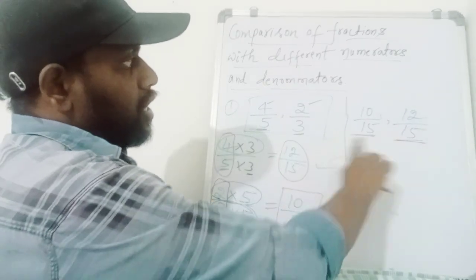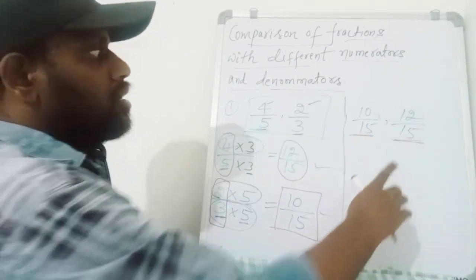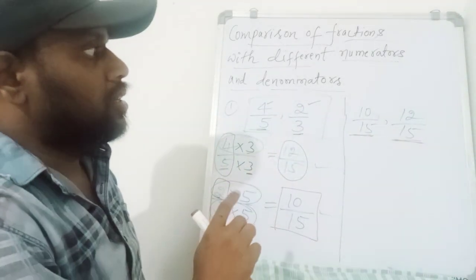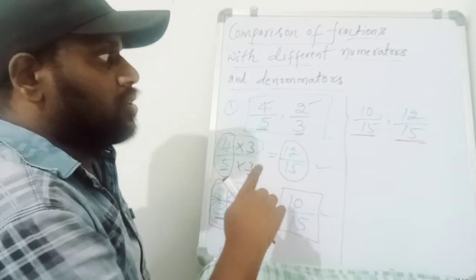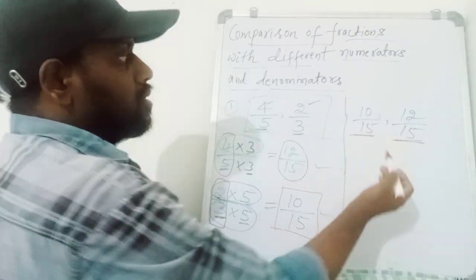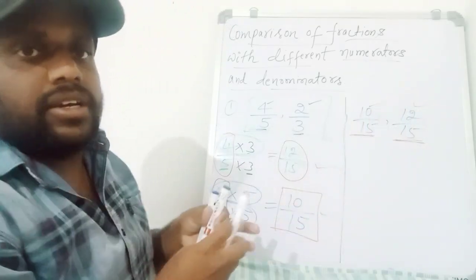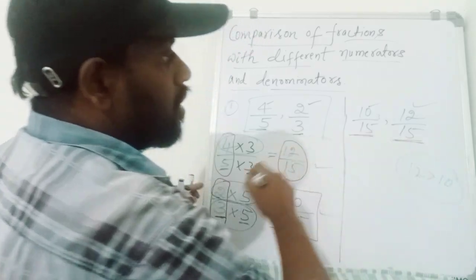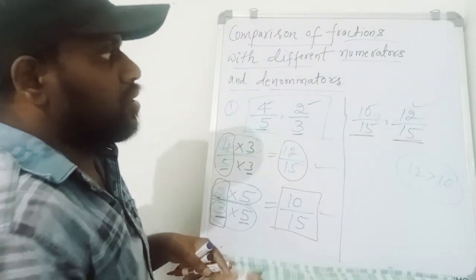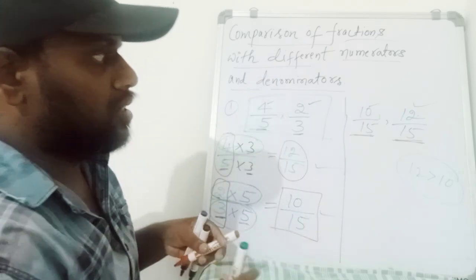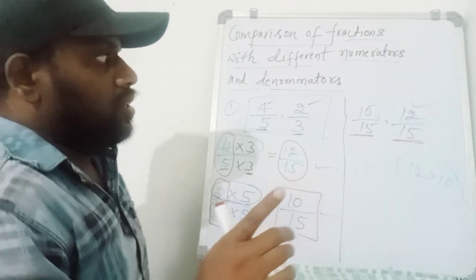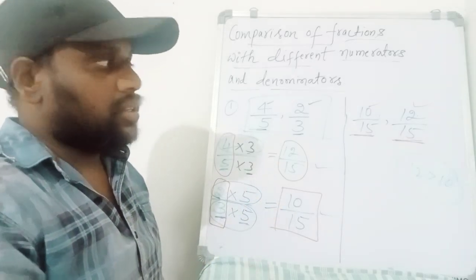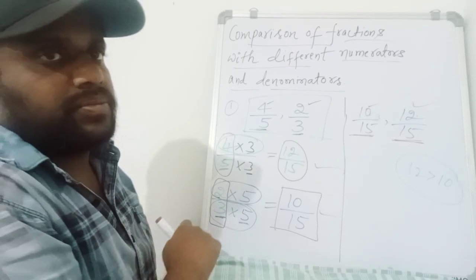Now I will just simply tell you what to do here because I've already explained. When denominators are same, compare the numerators. Here 10 is there, here 12 is there. Which is bigger? This 12. 12 is greater than 10. Whichever numerator is bigger, the corresponding fraction is the bigger.